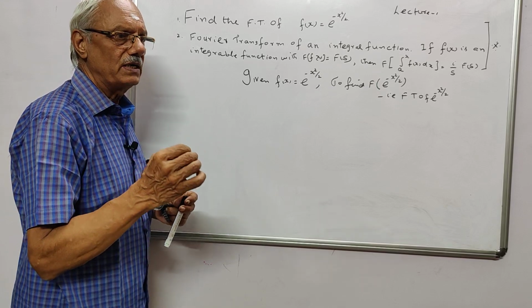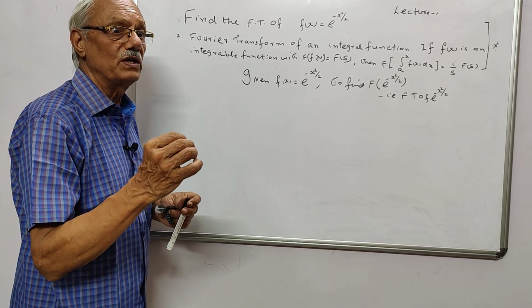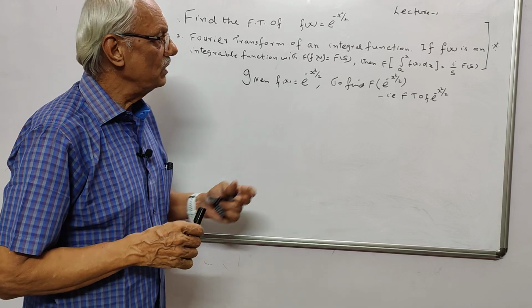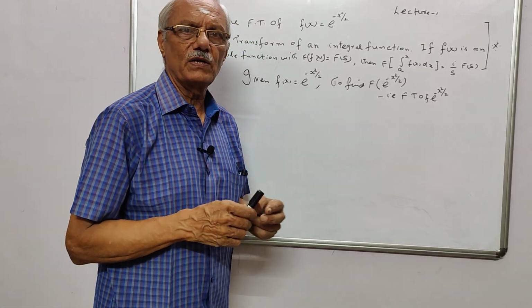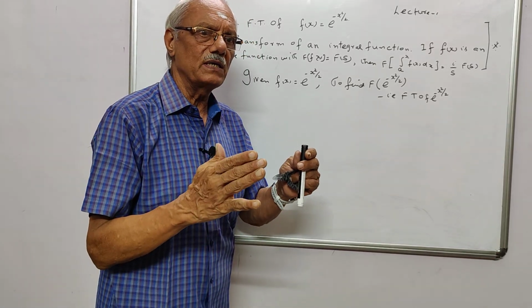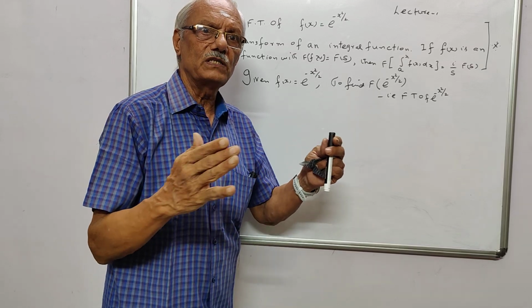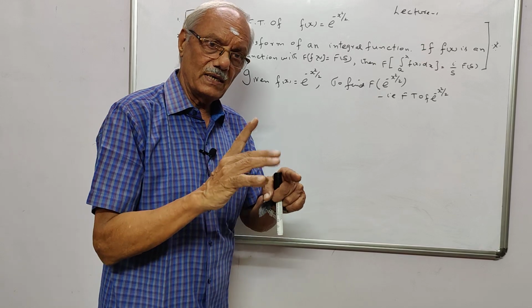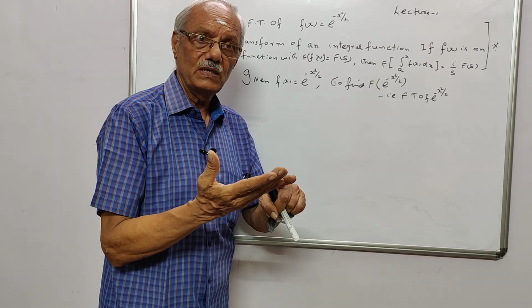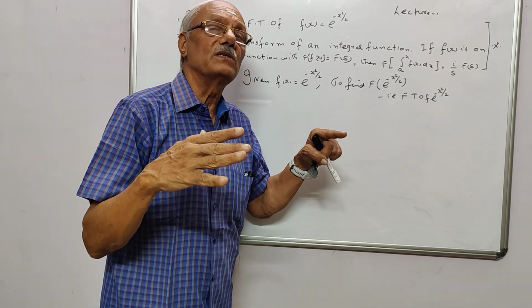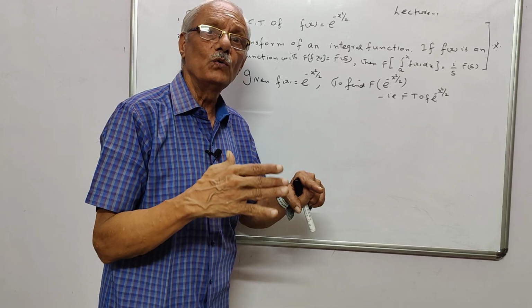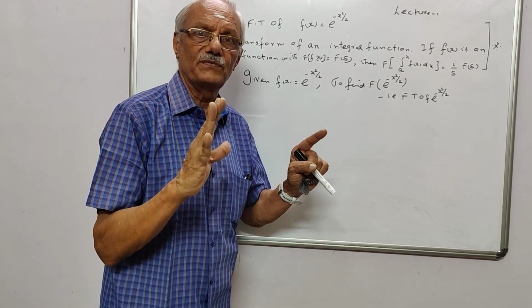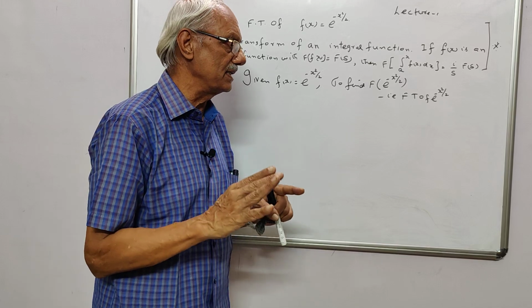So you see that first of all we must write what is a Fourier transform. If you are given a function, unlike the Fourier series, it will not be defined in an interval. It is defined over minus infinity to plus infinity. First of all, you must understand that.